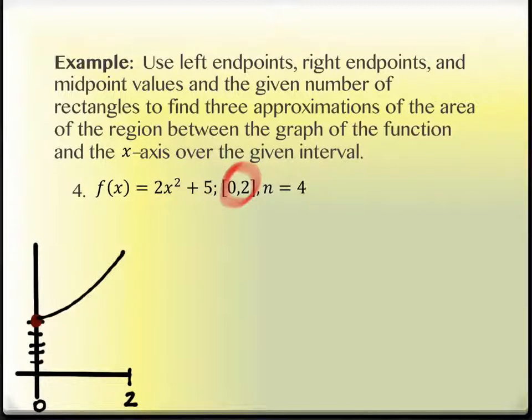So I'm supposed to have how many rectangles? 4. So I need to actually take, that is one end. Hang on, let me use a different color so I can see it. That is one end, and this is one end. And I need to split the interval into fourths. So if I split it in half, what's the x value at the bottom going to be that I'm using? Yep, it's 1.